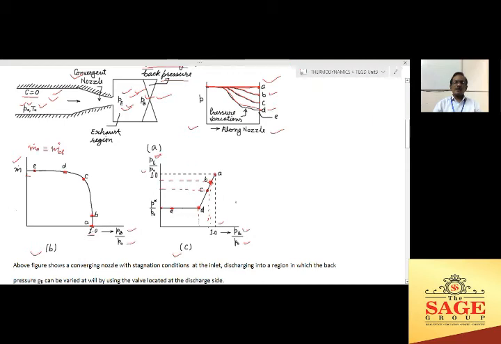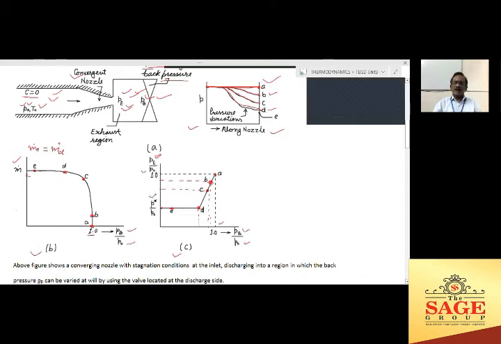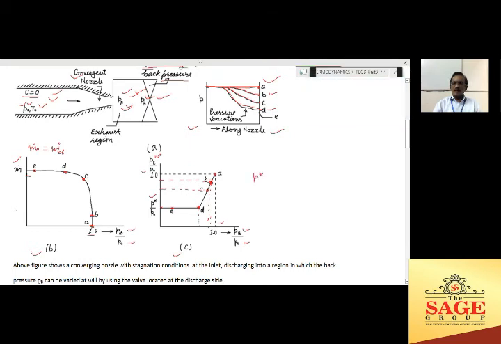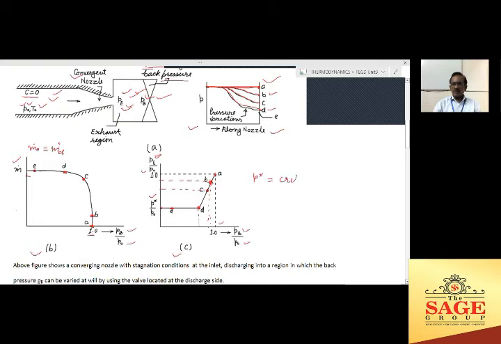That value of the pressure is denoted by P star, and this P star is called the critical pressure.